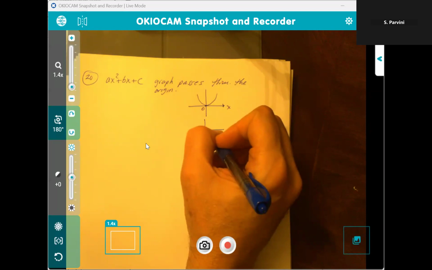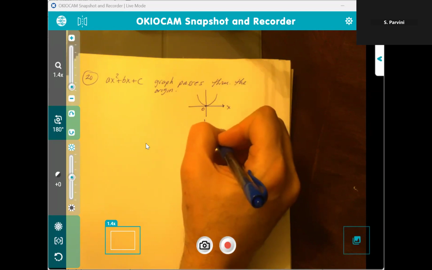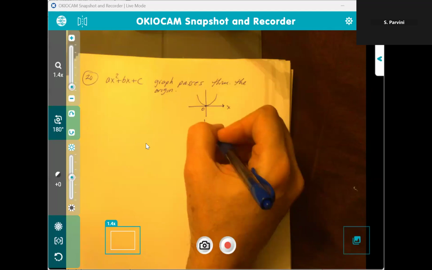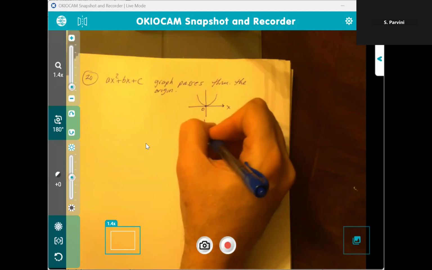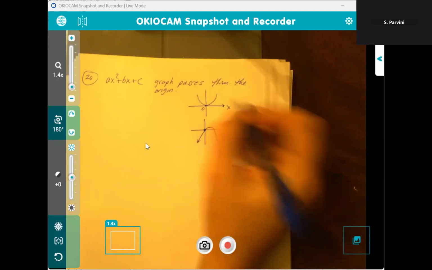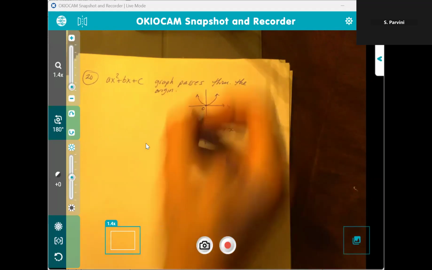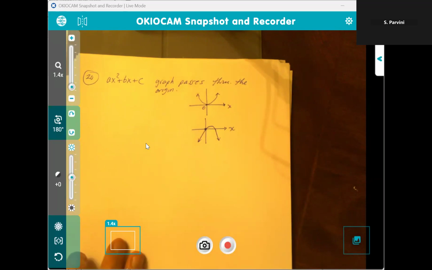So how is this going to look like? This would work, wouldn't it? Am I on the right track here? Do these qualify the graphs? These pass through the origin, don't they?